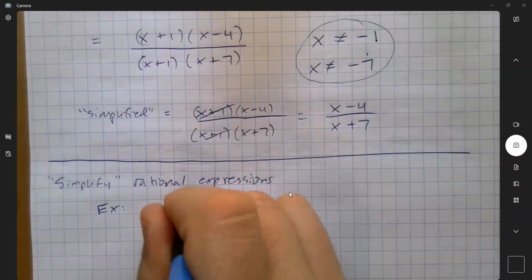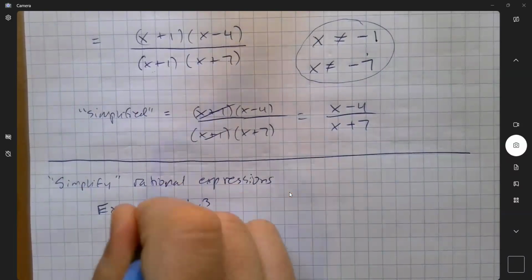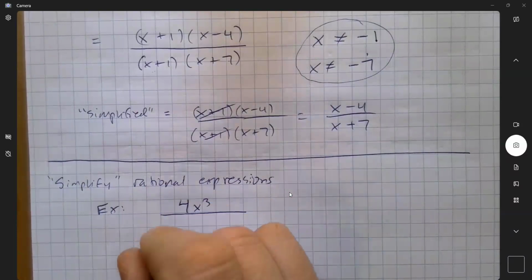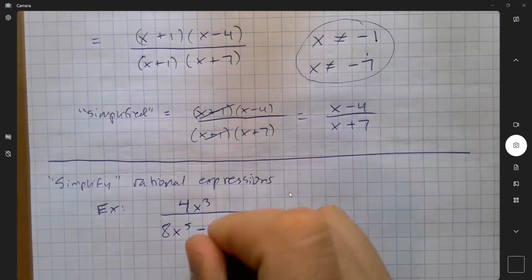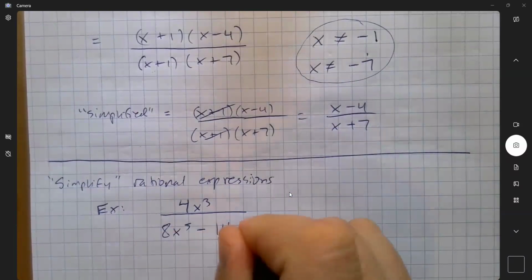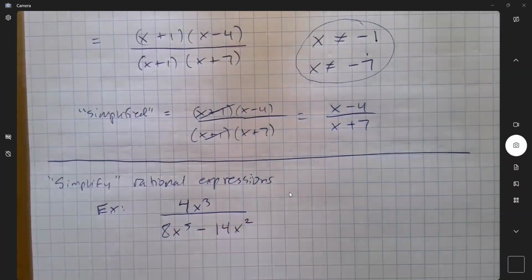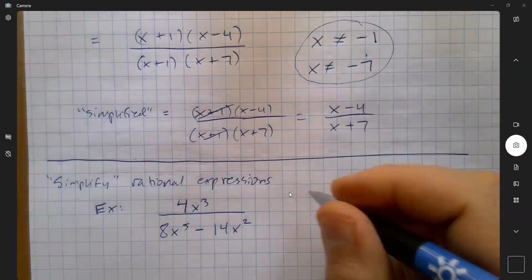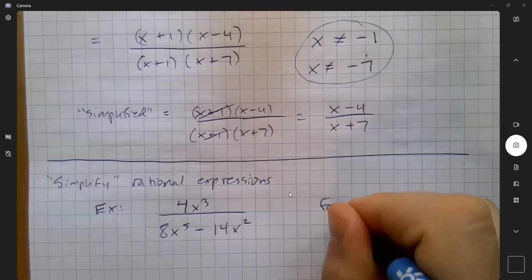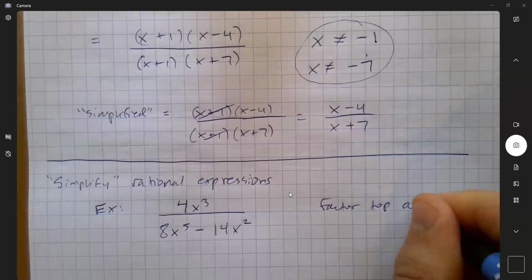Maybe we have something that looks like 4x cubed over, let's see, 8x to the 5th minus 14x squared. And we want to simplify. We still do the same process. We factor the top and bottom.